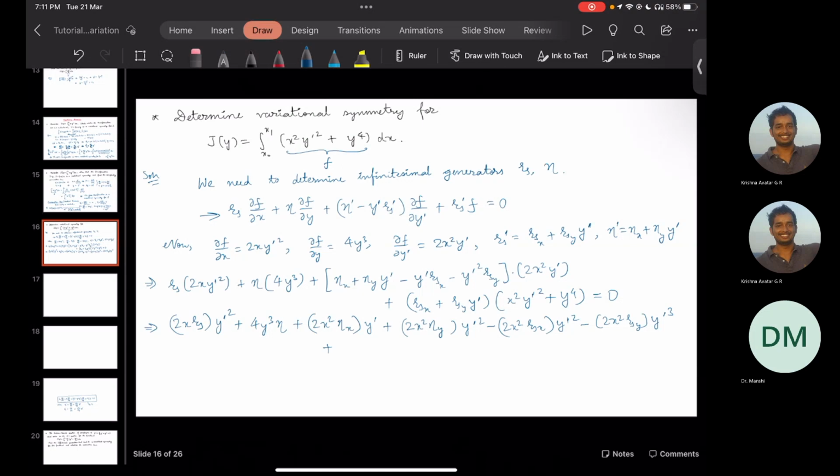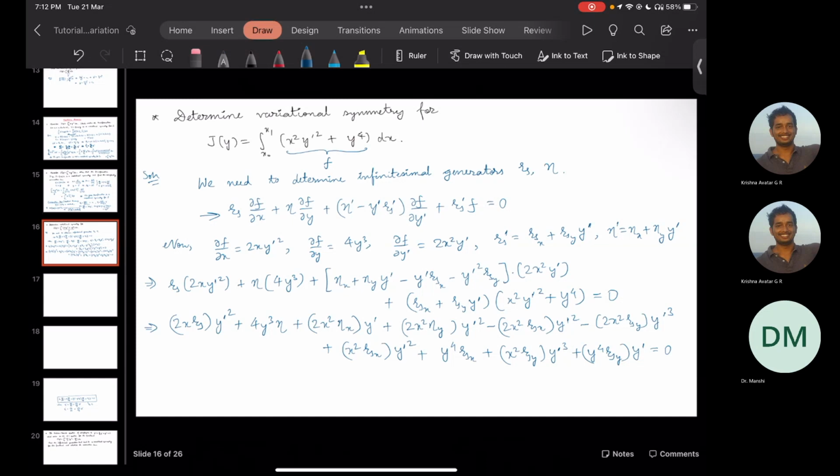And plus x squared xi x y prime squared, plus y to the power 4 plus x squared xi y prime cube plus y4 y into 0. Right.